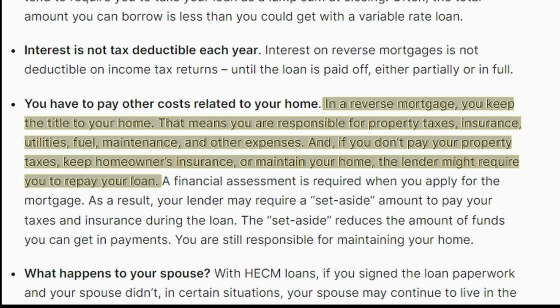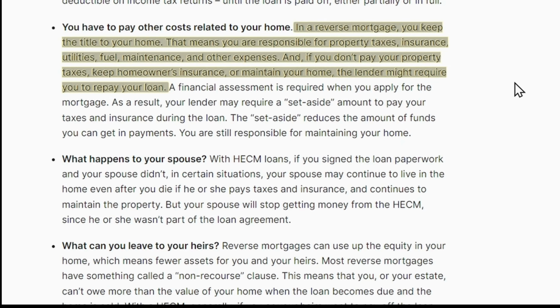If you don't pay the property taxes, keep the homeowner's insurance current, and maintain the house, the lender might require that you pay back the loan. So basically, you have to keep your utilities up, your taxes paid, your homeowner's insurance current, and the house in livable condition. You do not have to make a mortgage payment.